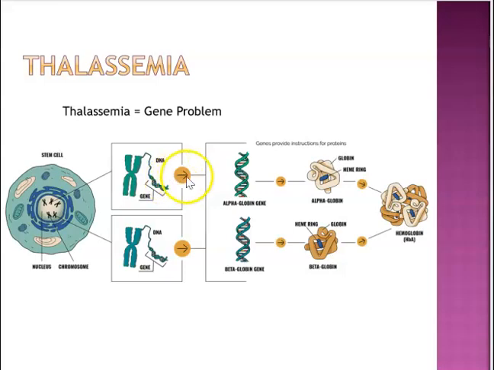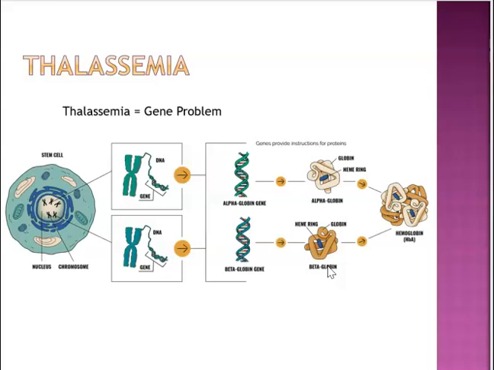So this gene is going to code for the alpha globin chain. So it's going to code, and we're going to end up with an alpha globin chain. Okay. This gene down here is going to code for the beta globin chain.